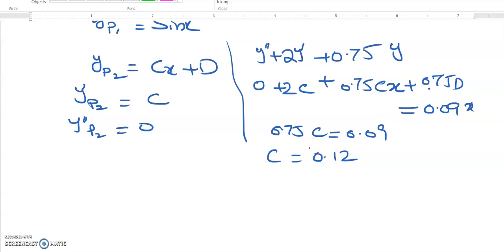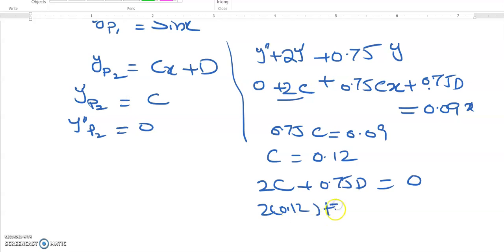So c is equal to 0.12. So we can find now d. So from here we see that 2c plus 0.75d is equal to, there is nothing over here, so it is 0. So 2 times 0.12 plus 0.75d is equal to 0.